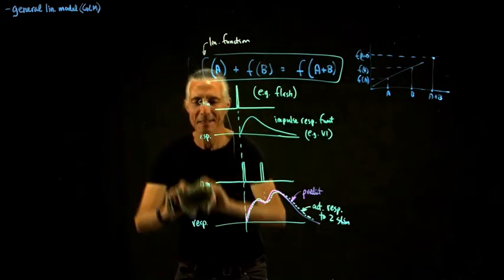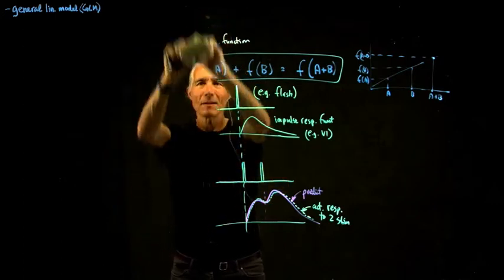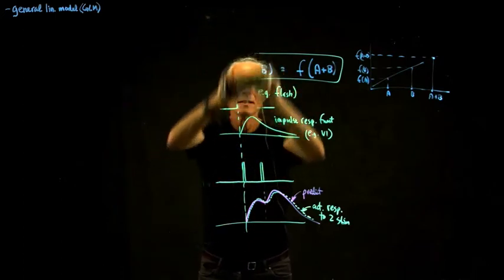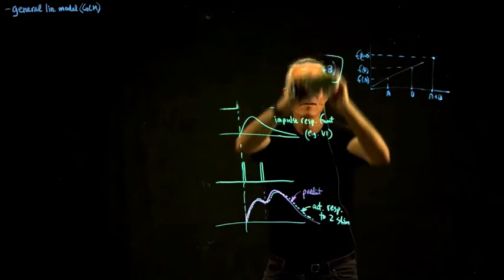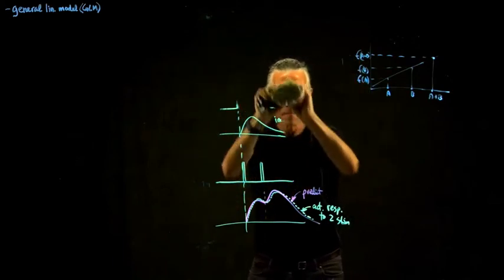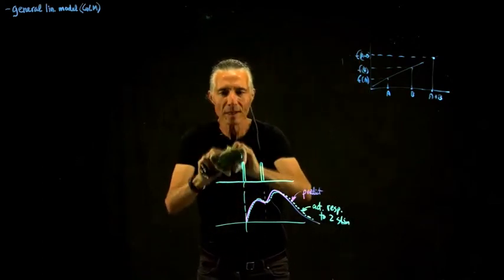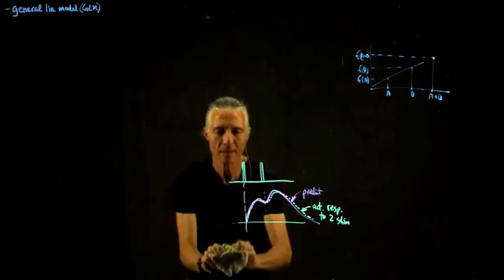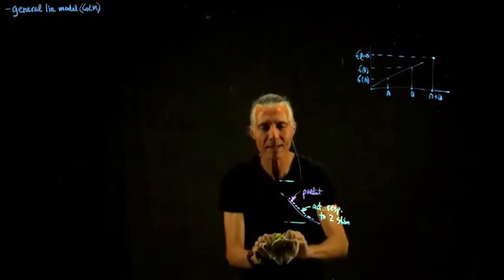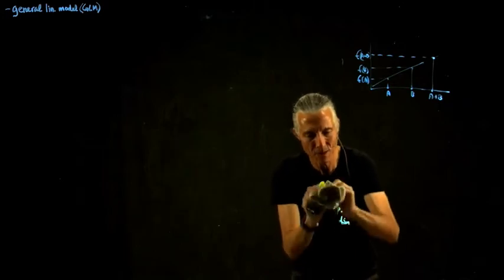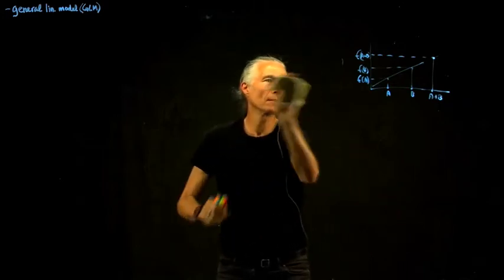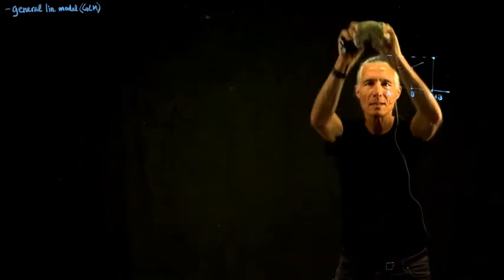Okay, so that's what we're going to talk about, a linear model of the brain response. And so now what we have to do is actually write this out as a linear equation, or a linear system of equations.